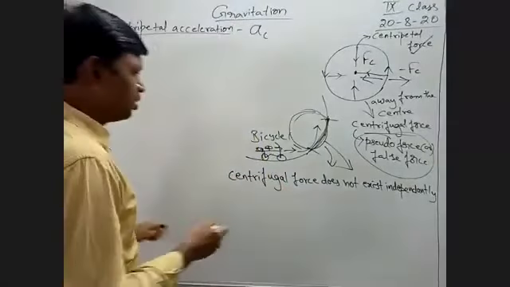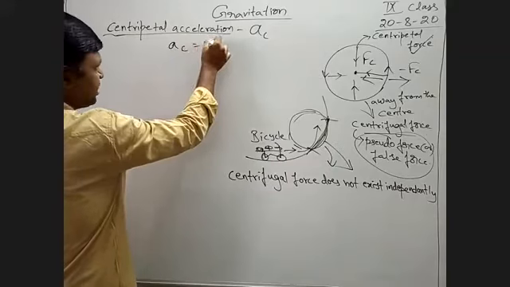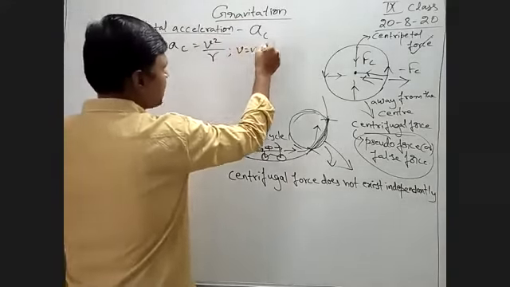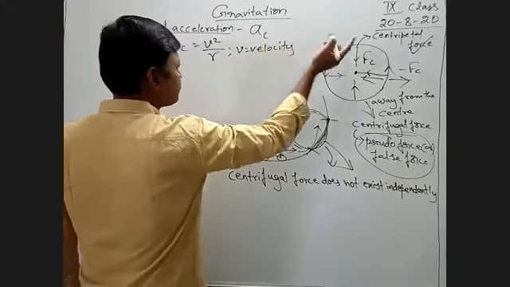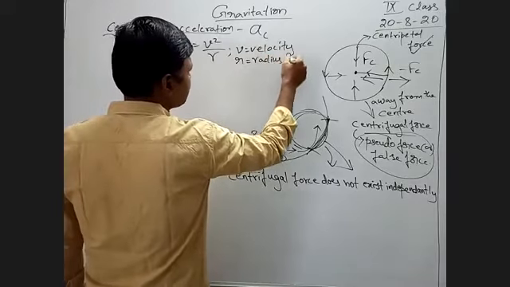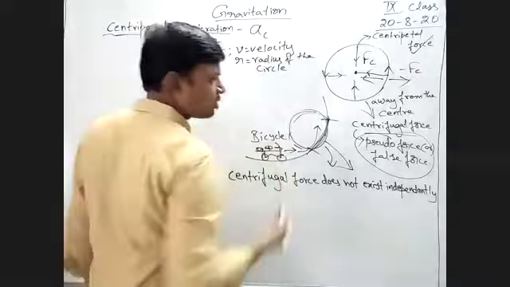Now the centripetal acceleration is given by v square by r, where v is the velocity of the object performing the motion, and r is the radius of the circle, meaning the circular path here.